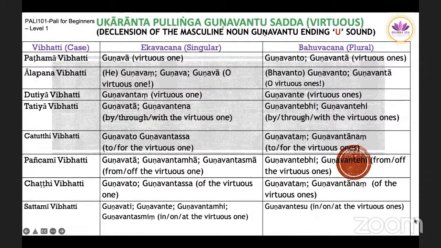Ukaranta Pulinga Gunavantu Sadda, virtuous. Declension of masculine noun Gunavantu ending in U. Pathama Vibhatti, Ekavachana: Gunava. Bahuvachana: Gunavanto, Gunavanta. Alapana Vibhatti: He Gunavam, Gunava.